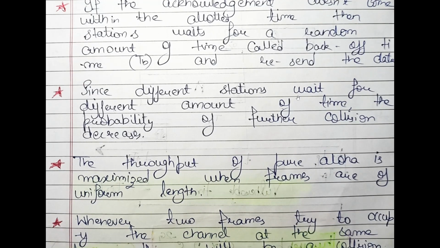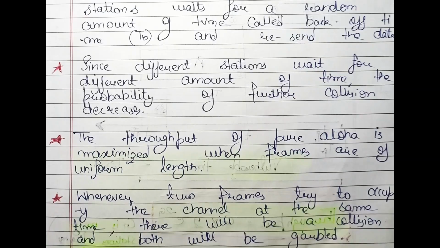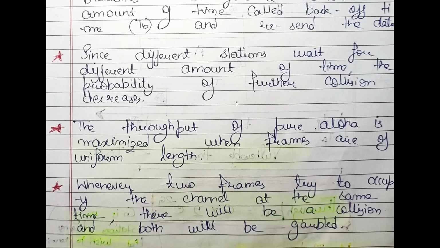Since different stations wait for different amounts of time, the probability of further collision decreases. Of course it does. The throughput of pure Aloha is maximized when frames are of uniform length. Of course it is maximized. Why? Because if I am sending a frame of fixed length, it is going to take a fixed amount of time.